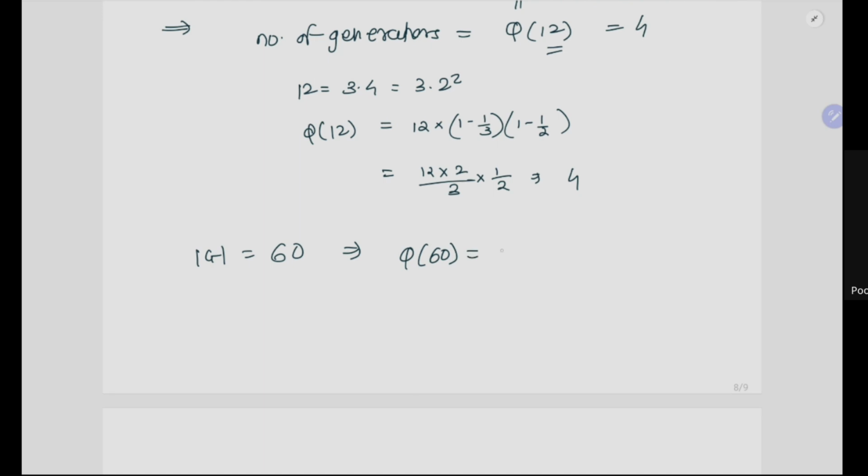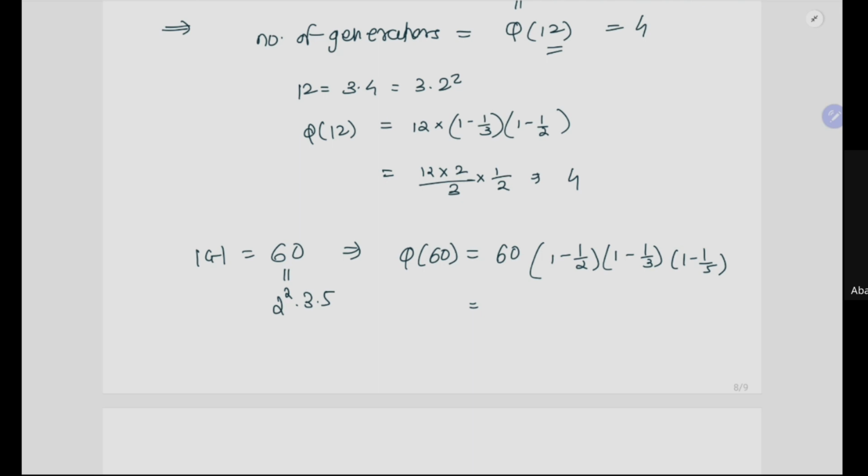So in that case, just do this: 60 can be written as 2 square into 3 into 5. Then again, phi of 60 is 60 into 1 minus 1 by 2, 1 minus 1 by 3, and 1 minus 1 by 5.